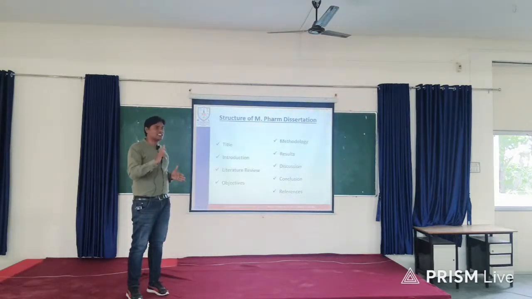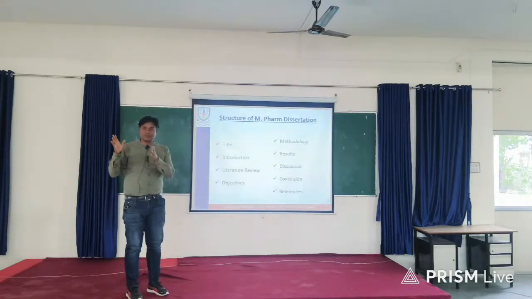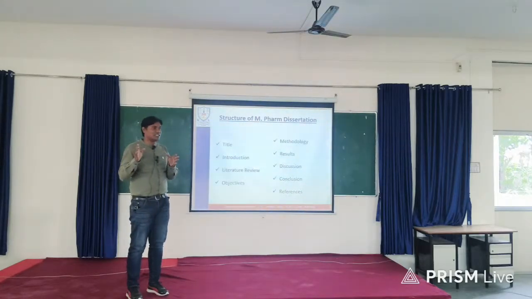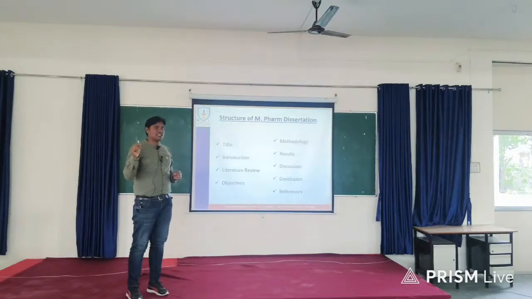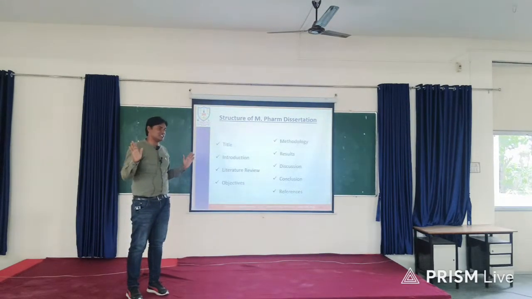Don't rely on the methods of substandard journals. Don't rely on substandard journals' materials, because it is all cooked up research. It is not original research. It is all fake research. If you rely on those particular methods, definitely I am sure you are not going to get the results.